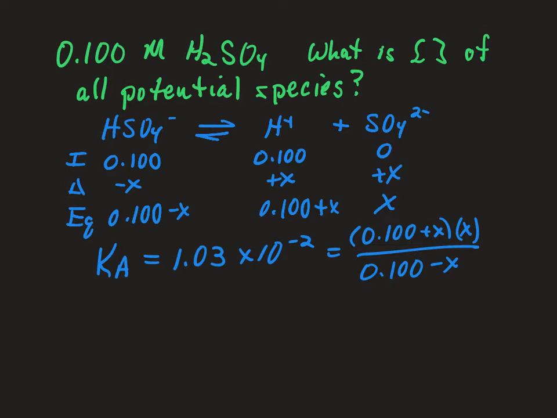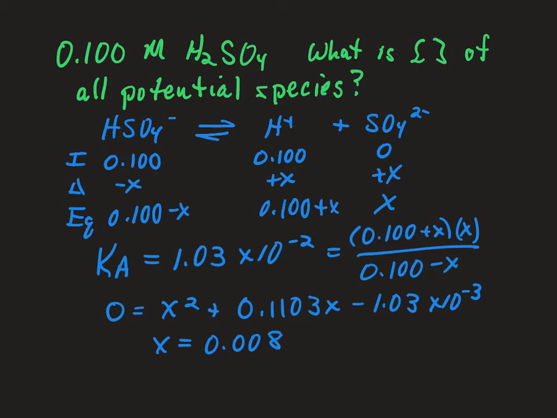If we work that out, you end up with a quadratic, since our equilibrium constant isn't that large: x squared plus 0.1103x minus 1.03 times 10 to the minus 3 equals 0, right? If we solve that, we get x equal to 0.00866 as the hydrogen ion, or as x, right?